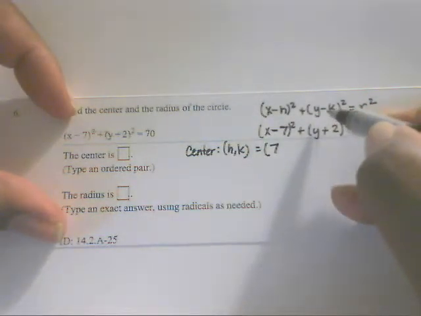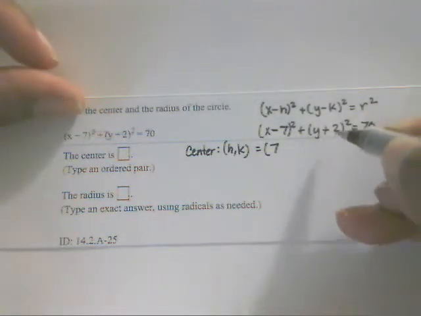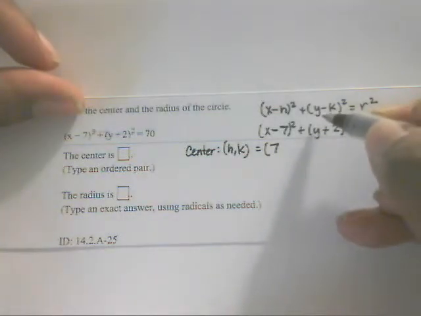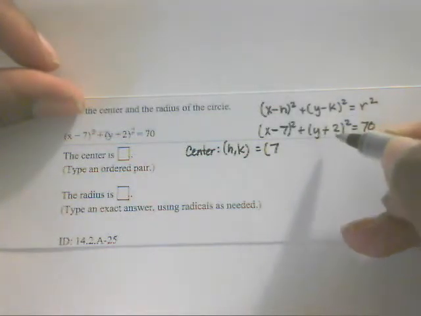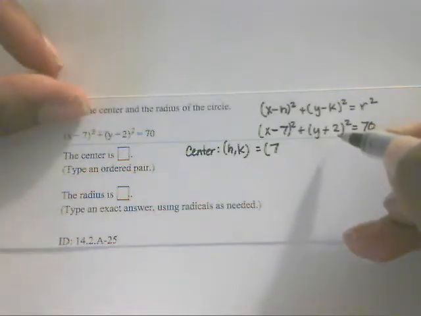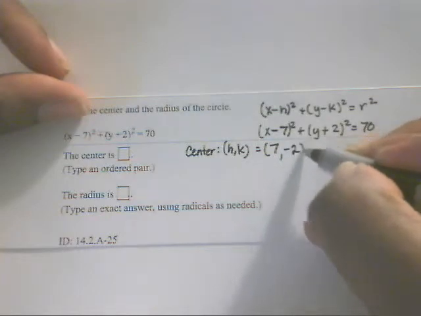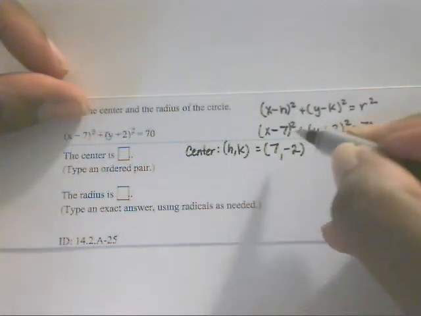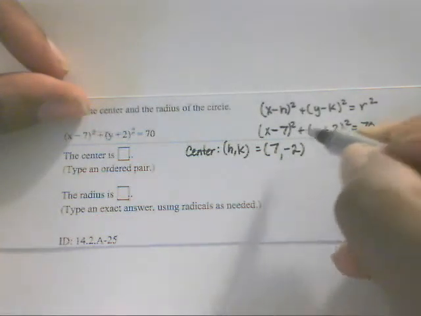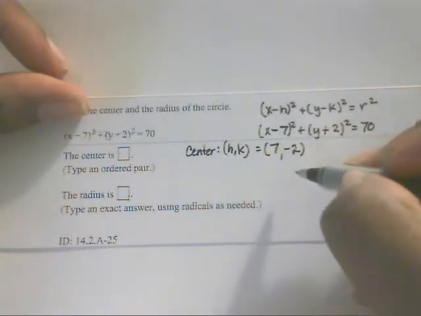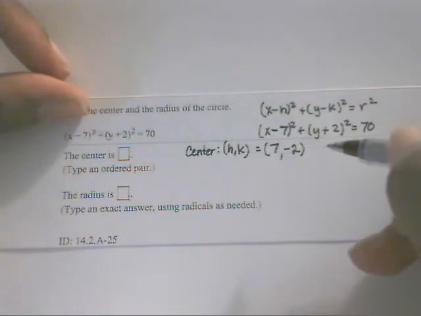And for this 2 to be a plus 2, that 2 had to be negative because of the form y minus k. And we came up with y plus 2. For us to get y plus 2, that 2 had to be negative. Or you can think of this: look at those numbers and just take the opposite sign. That would be h and k. So the center is 7, -2.